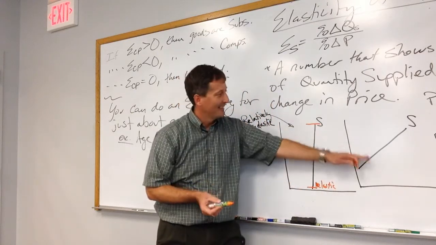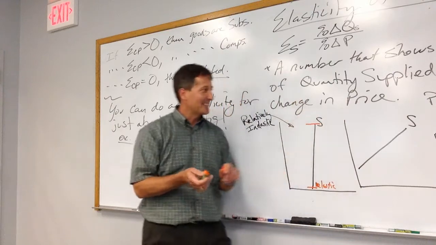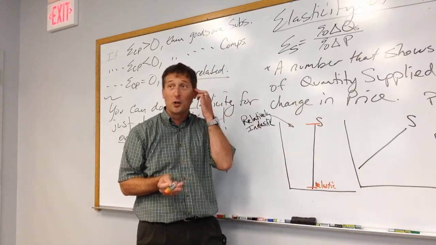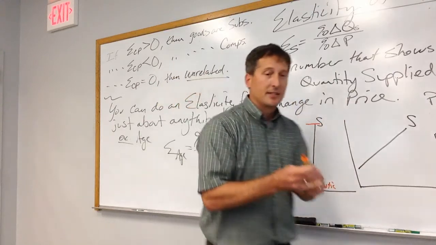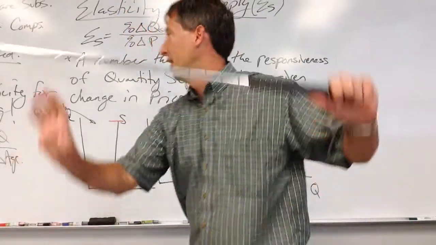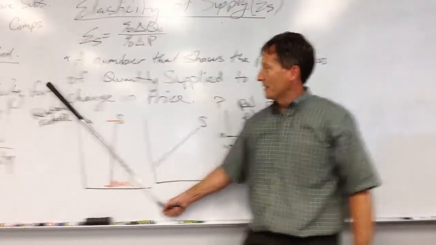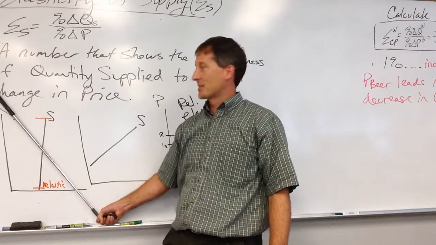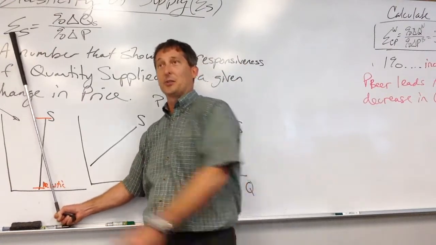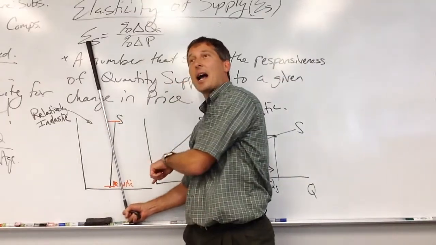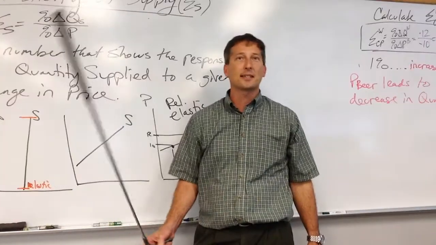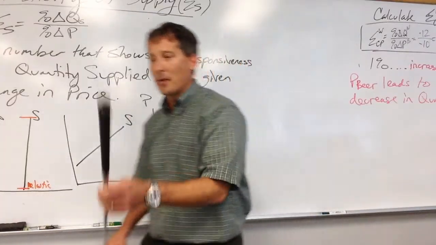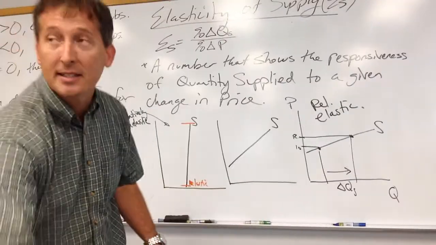Awesome, huh? Now the same thing holds for that demand curve. So if I was to add one here like the golf club, as it starts to get steeper and steeper, it too starts to look like an I, relatively inelastic. All right, so remember that. That'll kind of help you when you see some stuff.